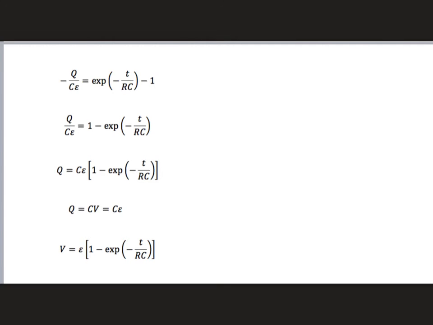A few things that I want to note here. That value, R times C, is known as the time constant of the circuit. So RC is the time constant, and we know that it's going to have units of something like seconds.